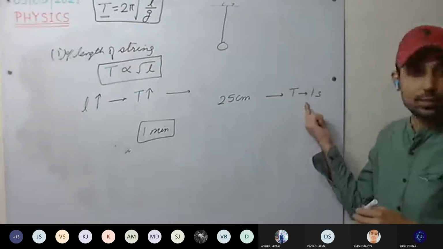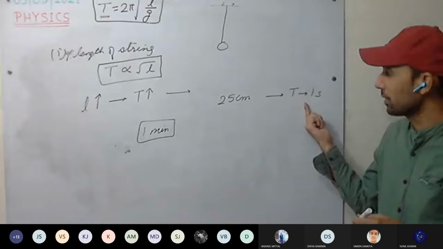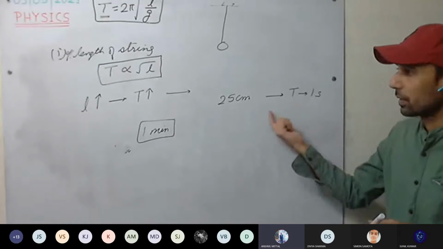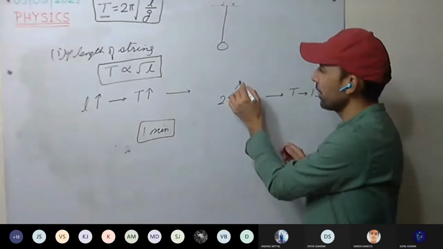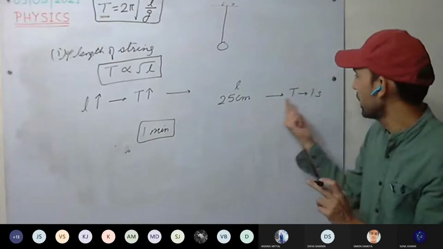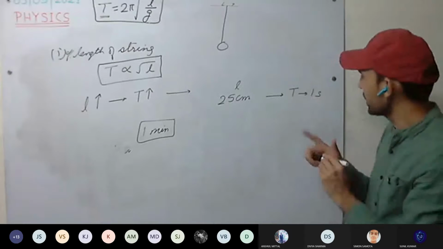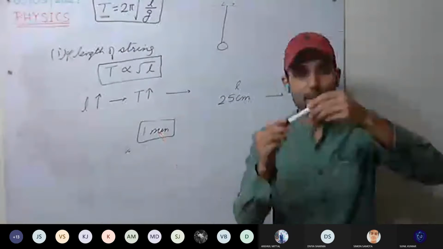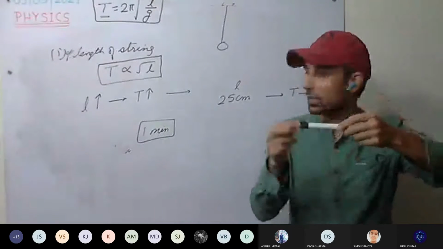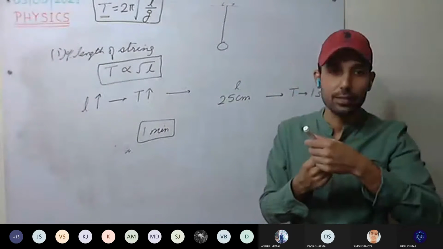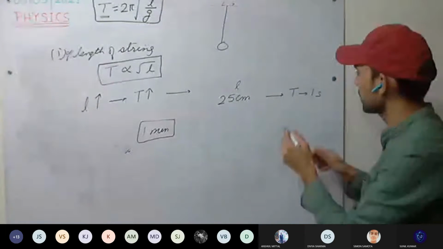Yes or no? When the effective length was 25 centimeters, the time period was 1 second. What does it mean? In 1 minute, how many oscillations has it made?